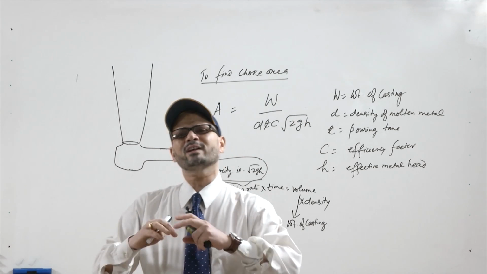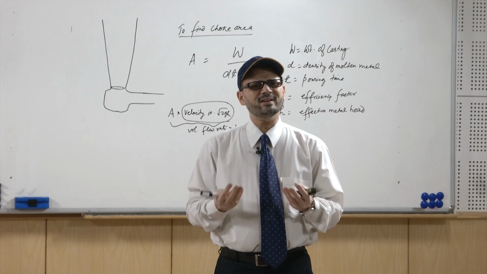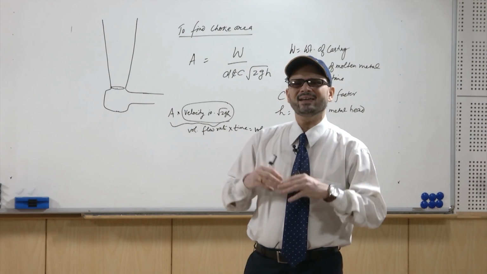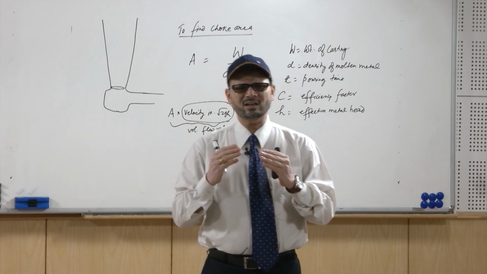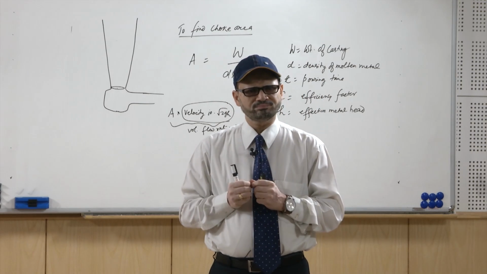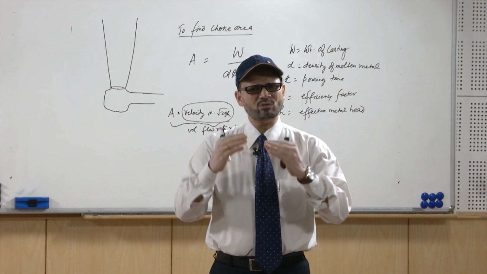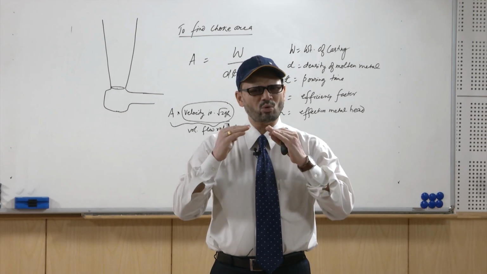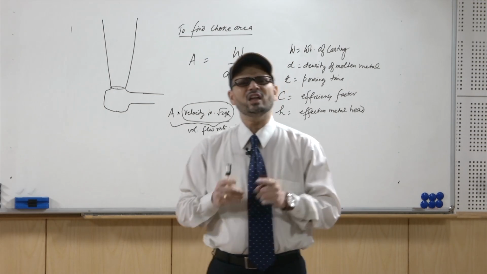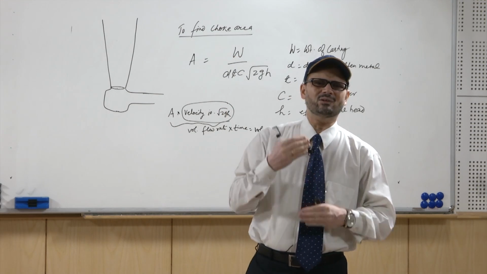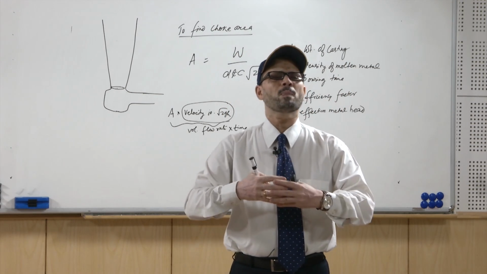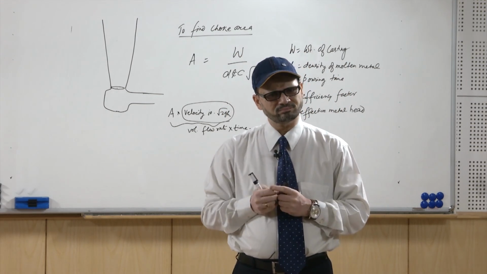This is because of the requirement for different types of metals. In some cases, you need to see that metal flows full. The main requirement is that there should be quiet entry of the molten metal into the stream. There should not be much turbulence, otherwise there may be chances of oxidation of the metal.